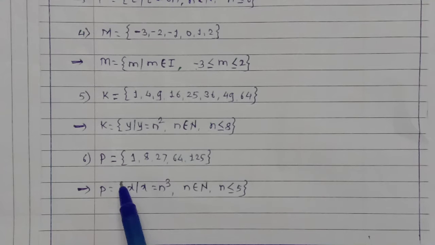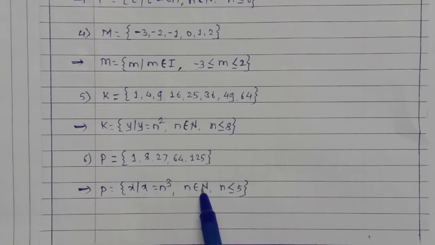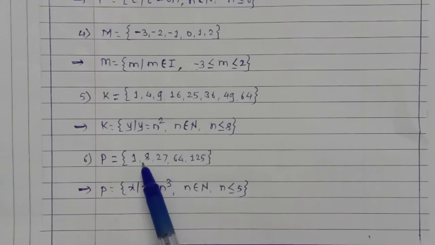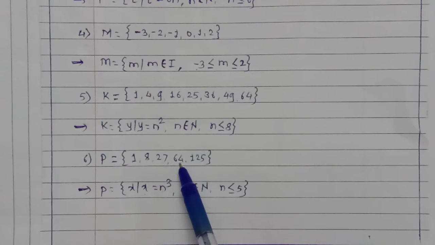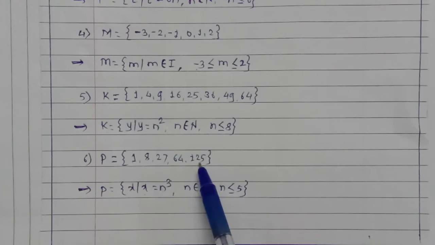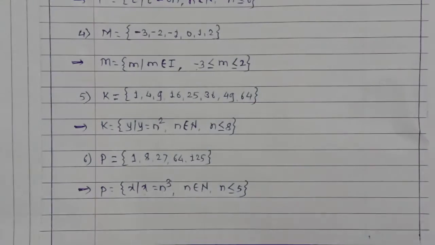So P is a set where x is an element of the set, x equals n cube, n is a natural number up to 5, meaning 1 cube 1, 2 cube 8, 3 cube 27, 4 cube 64, 5 cube 125. In this way you can represent the sets by the rule method.